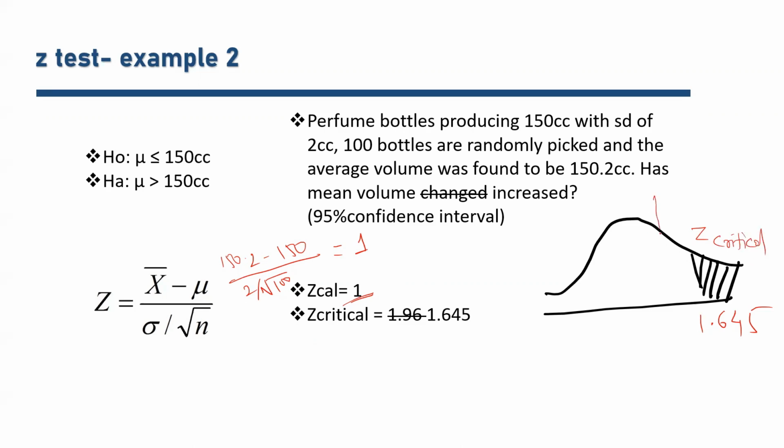And you can see that your Z calculated value is 1, which lies in this area, the null hypothesis. So you will accept the null hypothesis and you fail to accept the alternate hypothesis. Your null hypothesis was that the bottle is still producing with a volume less than or equal to 150 cc.